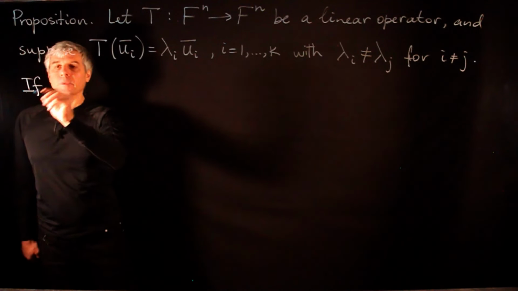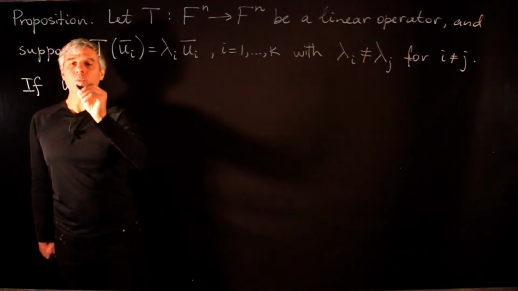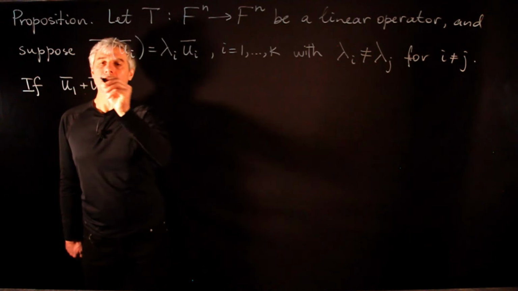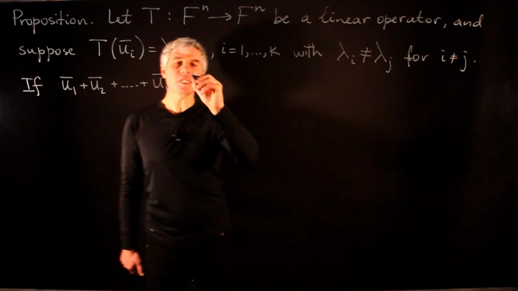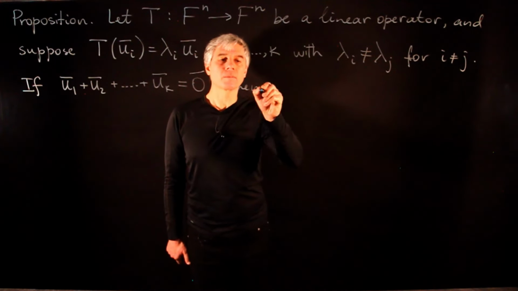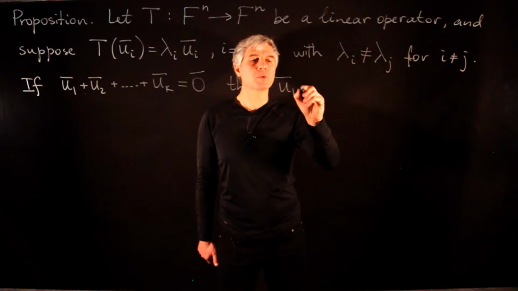If we have that u1 plus u2 plus ... plus uk is equal to 0, then all of these vectors are equal to 0.